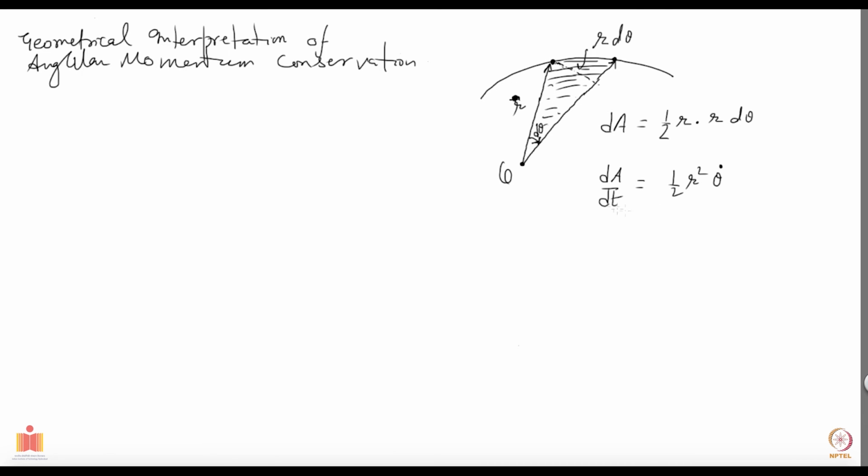So this quantity is the rate at which the radius vector sweeps the area.